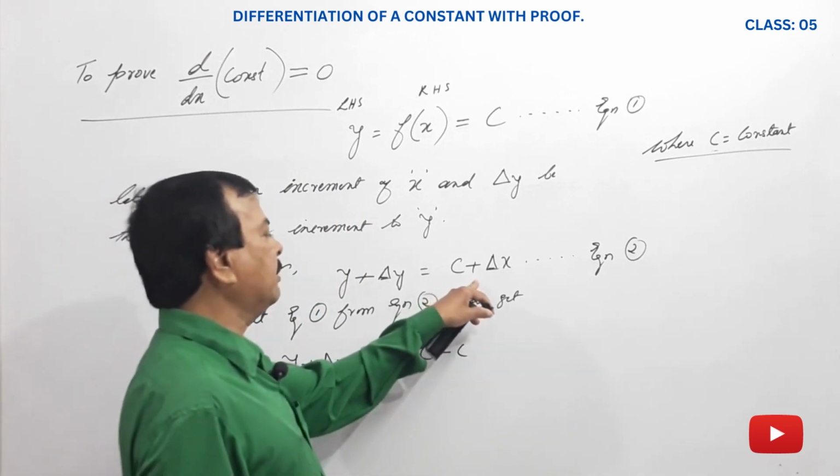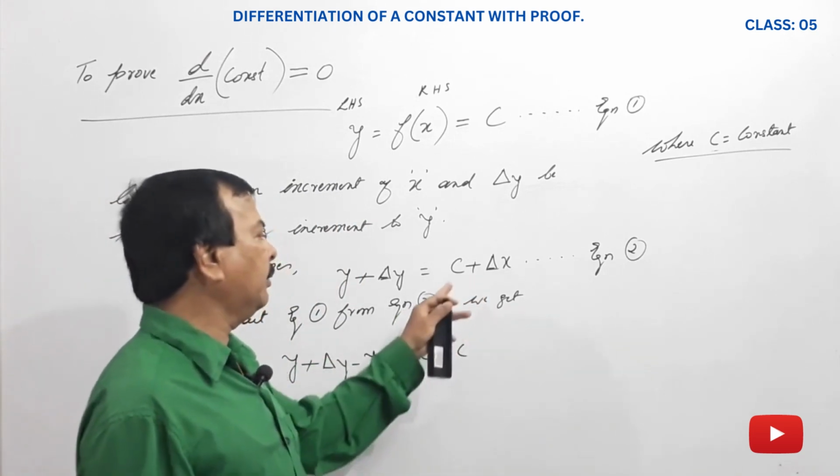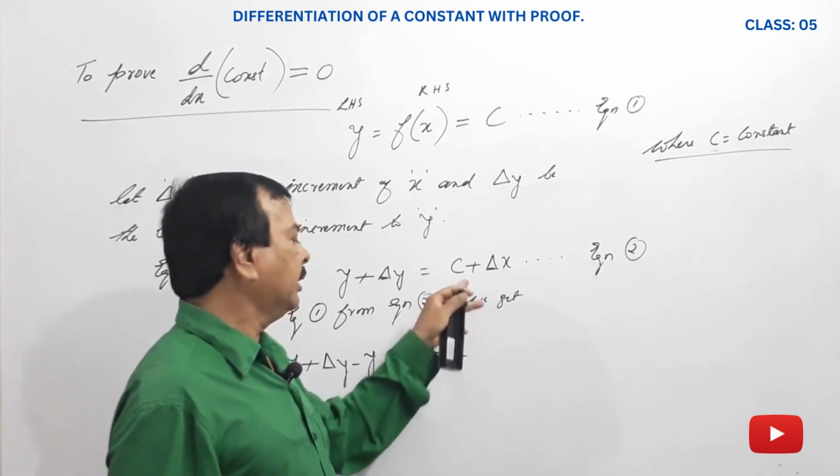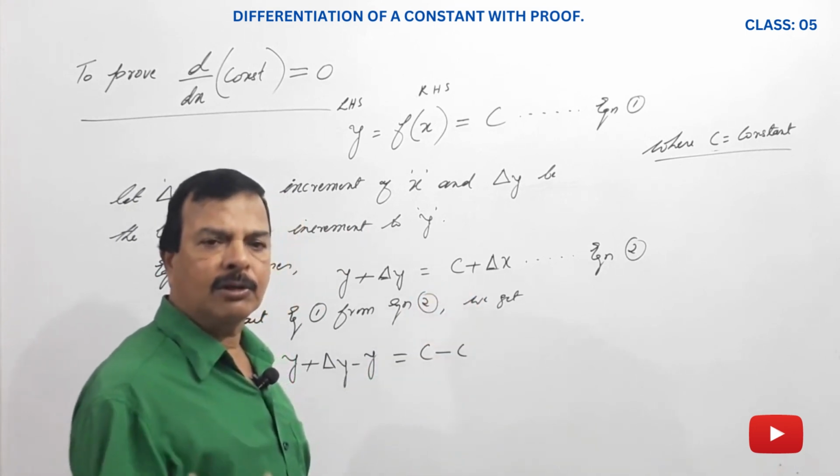Why am I taking c plus delta x as c? Whatever value we add to c, it remains c itself because it's a constant.